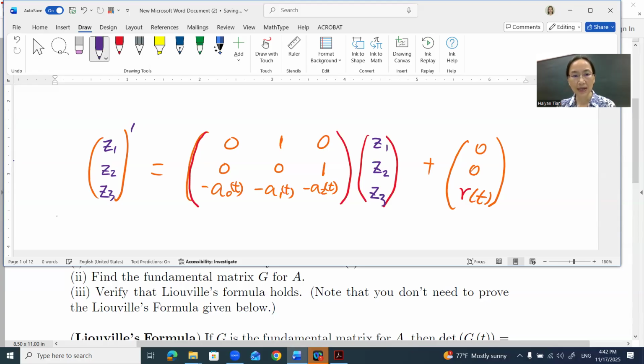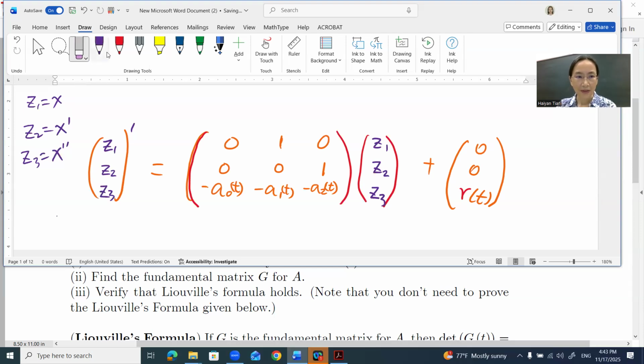You see this z1 is the same as x, right? So that's our x, the unknown function in the original equation. But z2 is actually x derivative. z3 is x second order derivative. So that's a change of variable.